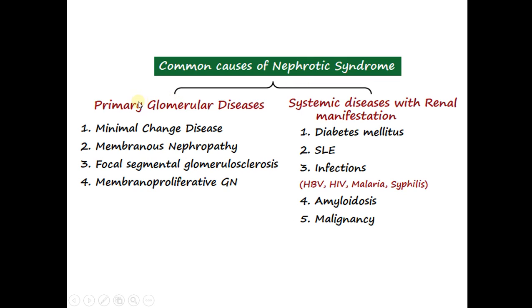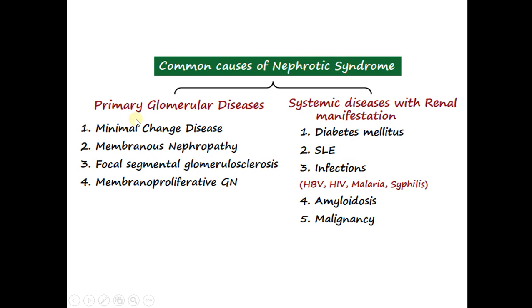These causes are divided into those that primarily affect the glomeruli, where the cause lies within the kidney. And sometimes the glomeruli act as an innocent bystander. The disease and its etiology are somewhere else, but in association with a systemic disease, the glomeruli are damaged.